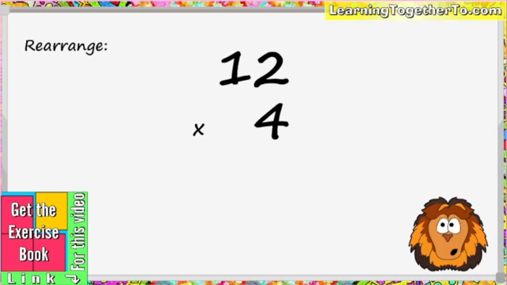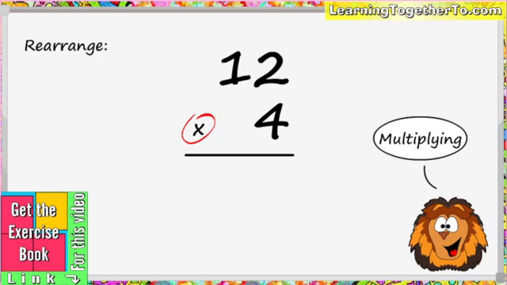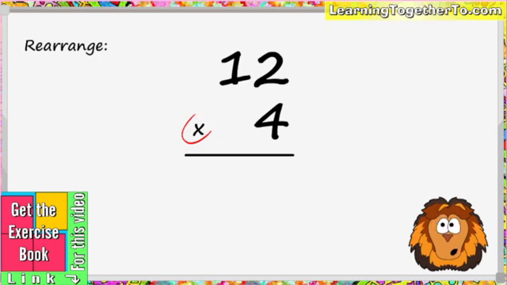Just make sure that the columns are lined up. Eric, make sure to draw a line under the bottom number. This tells us that the numbers above the line are what we are multiplying together. Also, keep the times sign so that we'll know that we are multiplying. Very good, Eric.